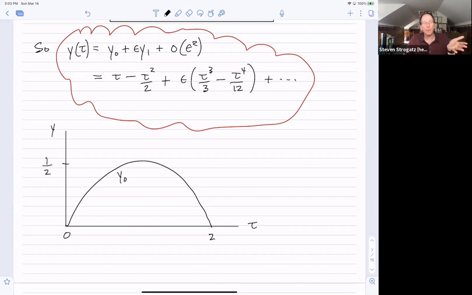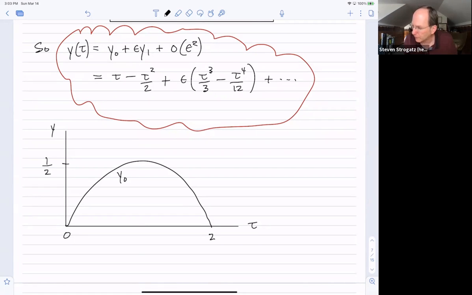But now what's going to happen when we take into account that we've got this slight weakening of gravity as we go up? You might think about it intuitively. As the rocket goes up and gravity pulls on it more and more weakly, it's going to tend to go higher than it would have otherwise. And then it's also going to be pulled back with less gravitational acceleration. So everything is going to conspire to make it take longer to hit the ground.